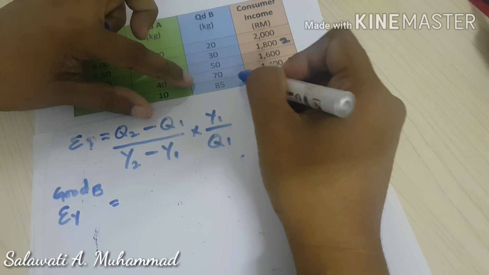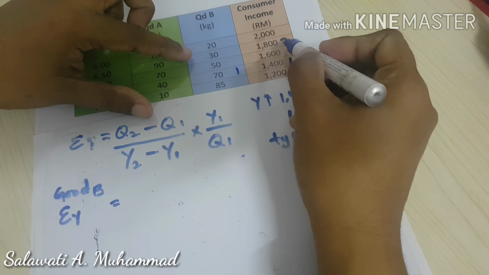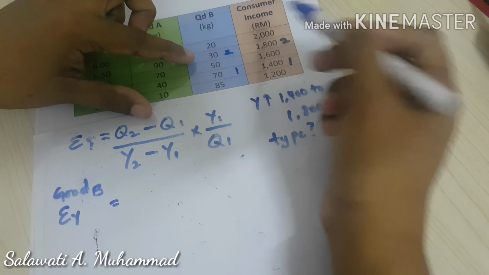So here 70 becomes Q1. Q2 is here, so 30 becomes our Q2.